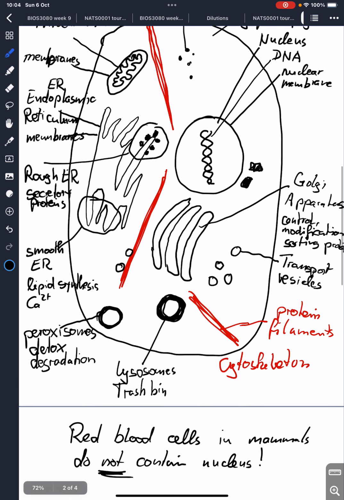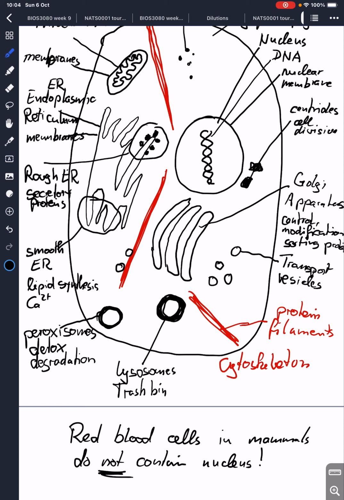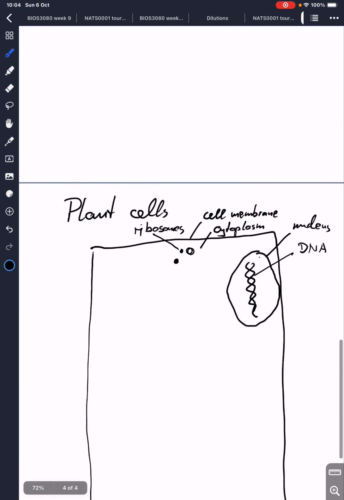This is called the centrioles. This protein structure is important for cell division in animal cells, but we don't have centrioles in plant cells.